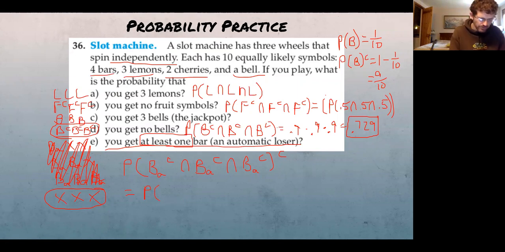We know it's going to be 0.6. There's 6 out of 10 possible ways to not get bars. So that's going to be the same, 0.6, 0.6, 0.6. And I want the complement of that. So now I can just do those 3 multiplied together. So it's going to be really 1 minus 0.6 times 0.6 times 0.6. And that's my final answer. So you guys can do that.